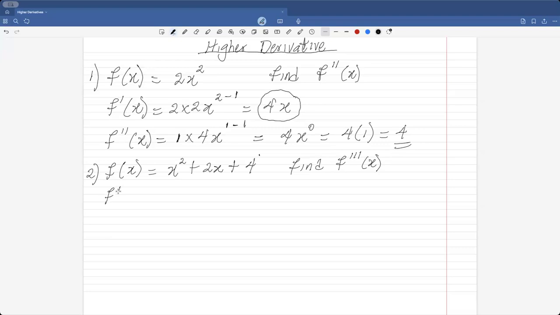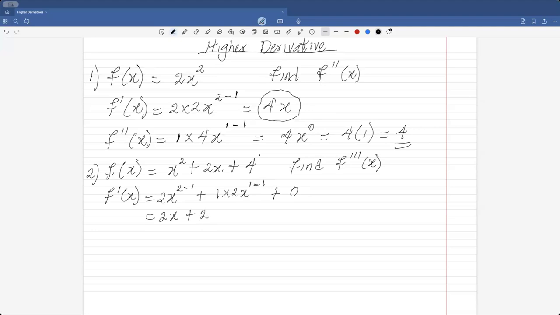The first derivative of this function is nothing but 2x to the power of 2 minus 1 plus 1 multiplied by 2x to the power of 1 minus 1. And don't forget, the derivative of a constant is nothing but 0. So our final answer here is 2x plus 2.